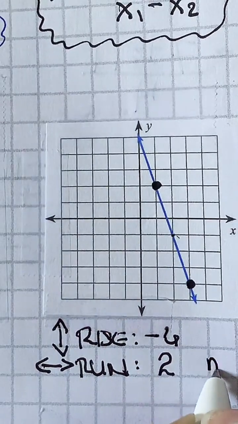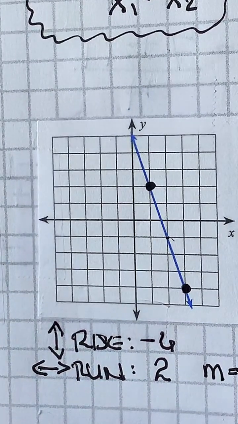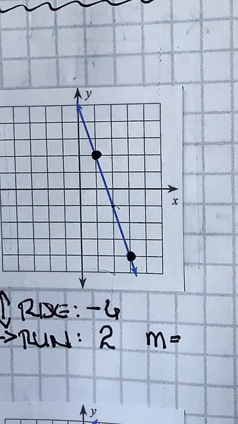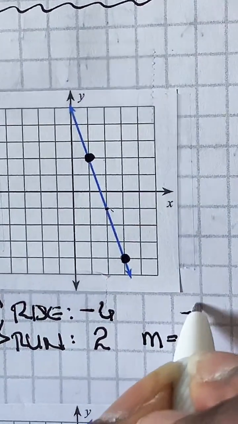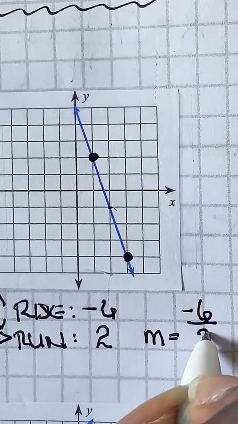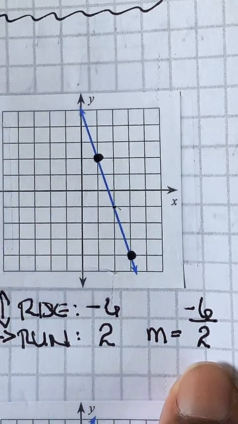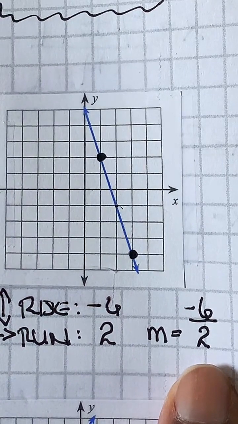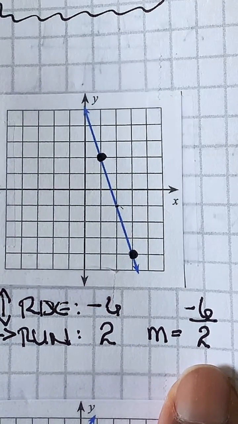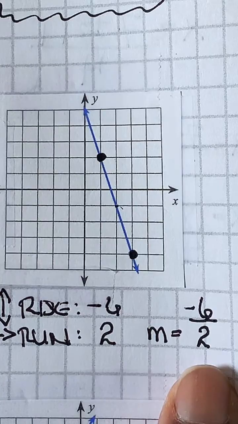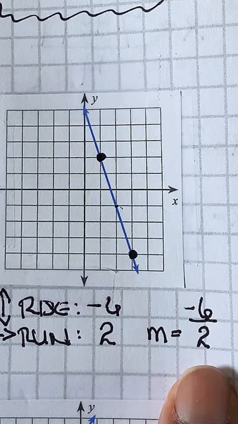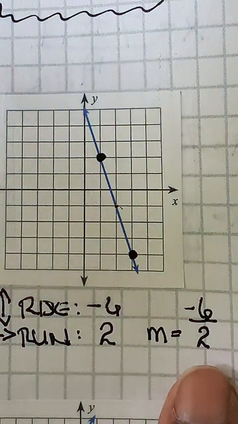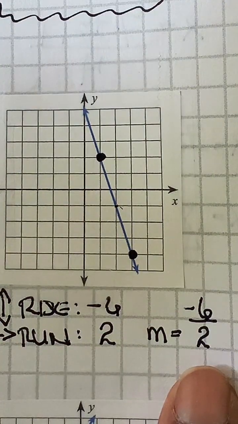So this is telling me that my slope is negative 6 over 2. But can't that be reduced? Yes. It's going to be a negative 3. Do we agree?